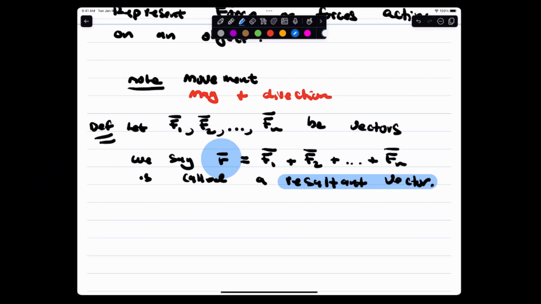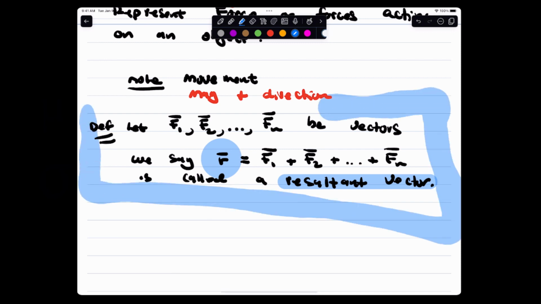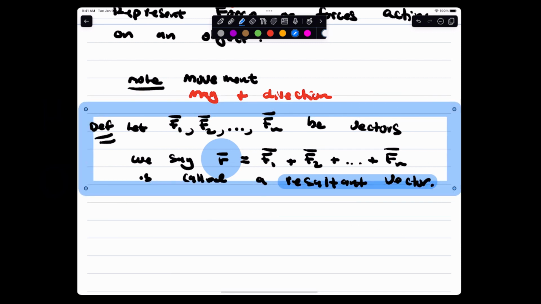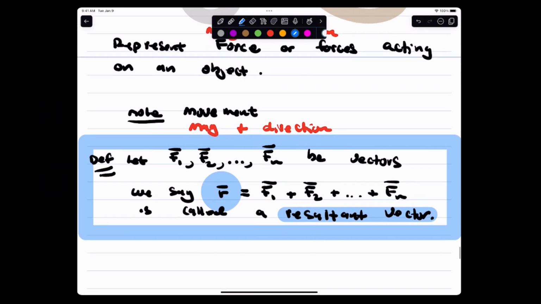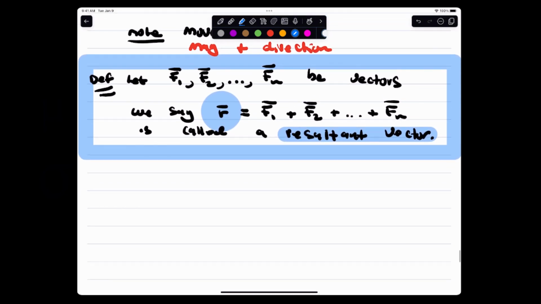R for resultant. So by simply adding any number of vectors, that vector sum is called a resultant. And this is actually really what we're looking for very often when we add vectors here. Are you guys okay with that?